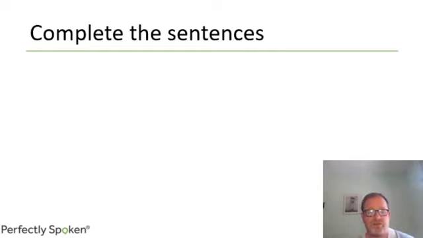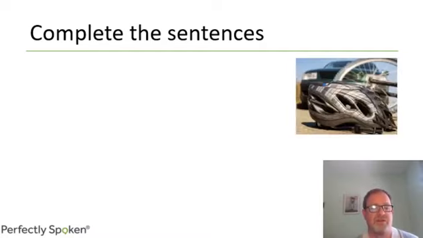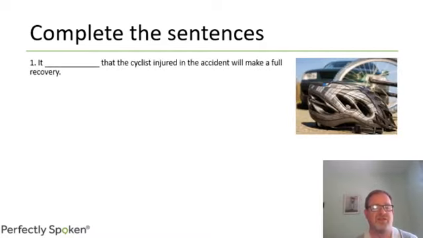So I'm going to reveal some sentences now, and I'd like you to decide what the missing word is in each sentence. And obviously, if you want, you can pause the recording at any time. Here's the first one: it something that the cyclist injured in the accident will make a full recovery.